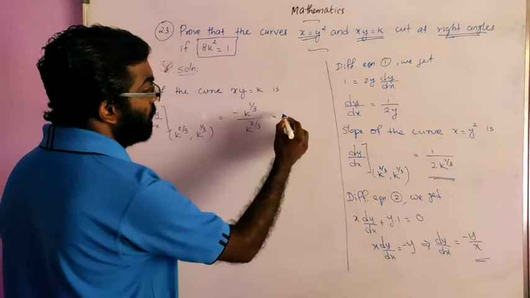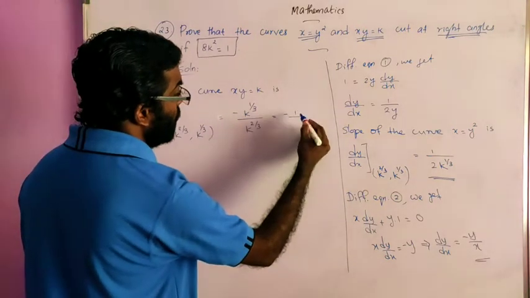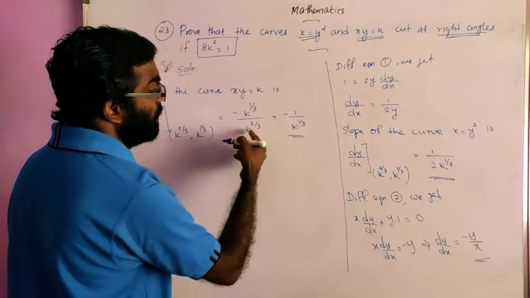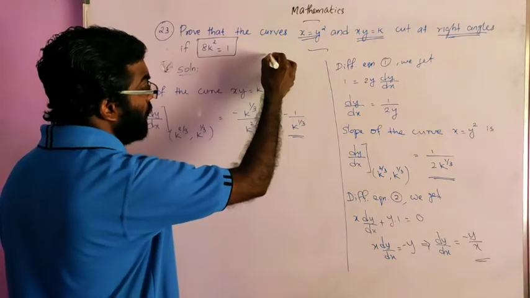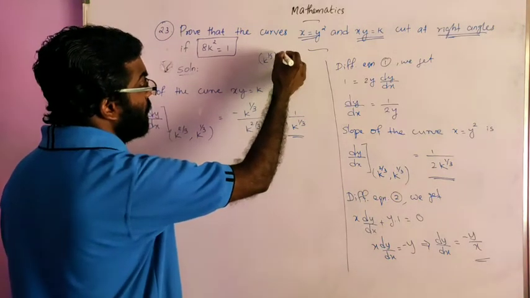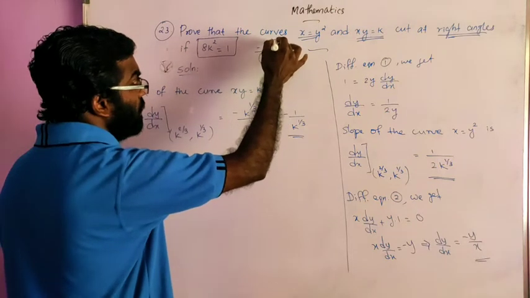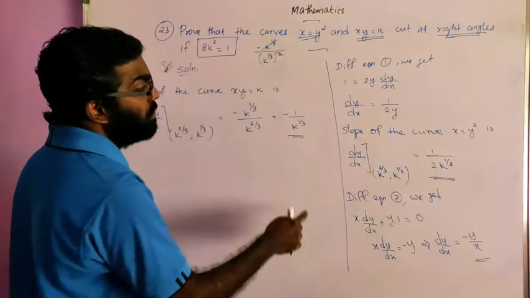We can simplify this one. This can be written as, this k raised to 2 by 3 we can write k raised to 1 by 3 the whole square, and on the numerator it is k raised to 1 by 3. We can cancel these two and get what?